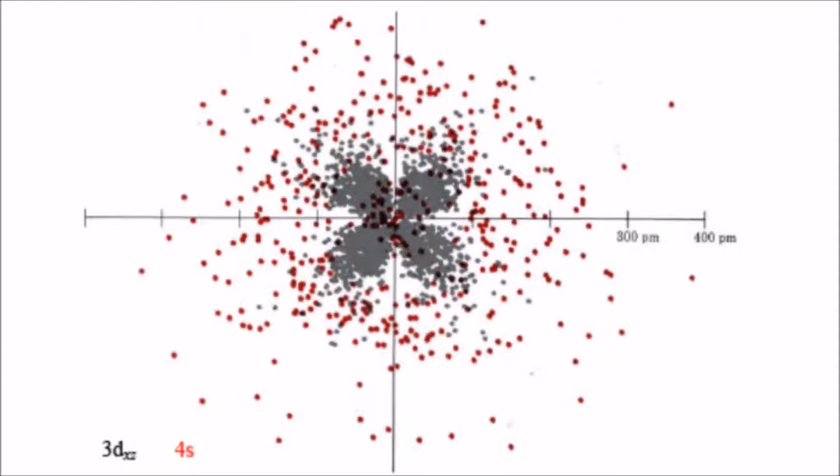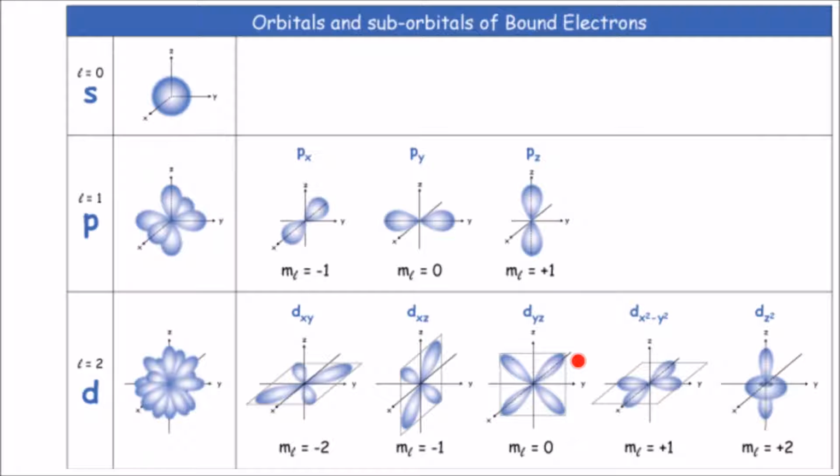When I'm looking at it, I'm really seeing my lobes in this plane that is directly facing me. So if I were going to say it was anything, I'd say it was a dyz orbital. But remember, this atom that we're looking at could be rotated in 3D space. It could be flipped around in any direction, and depending on which way I look at it, I might think I'm looking at a different orbital.